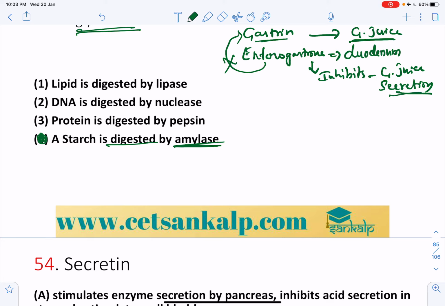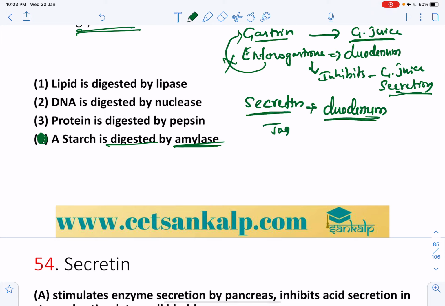And one more we can say, that is secretin, right? Next question we are discussing: secretin is the hormone produced by the duodenum. It is the first hormone discovered. Keep in mind, it has target organs, three targets.